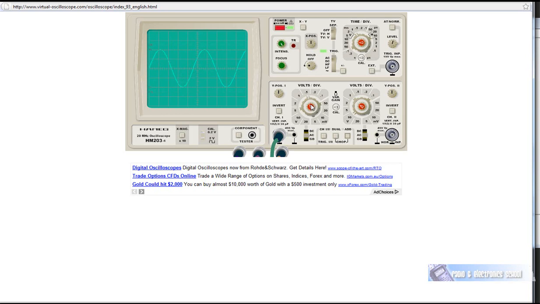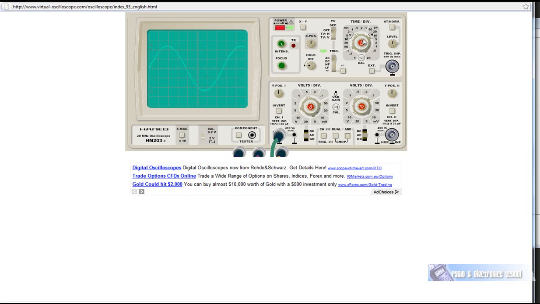I can adjust the volts per division and increase the amplitude seen on the screen. I'm not increasing the amplitude of the signal, I'm just increasing the amplitude that you'd see on the screen. And I can also adjust the rate at which the oscilloscope sweeps across the screen, and if I adjust that, I can change how many cycles I see on the screen at the one time.